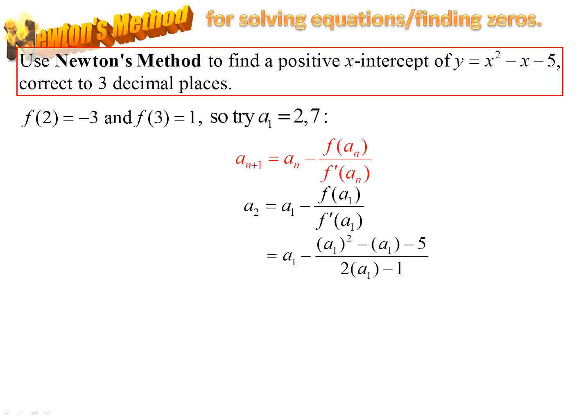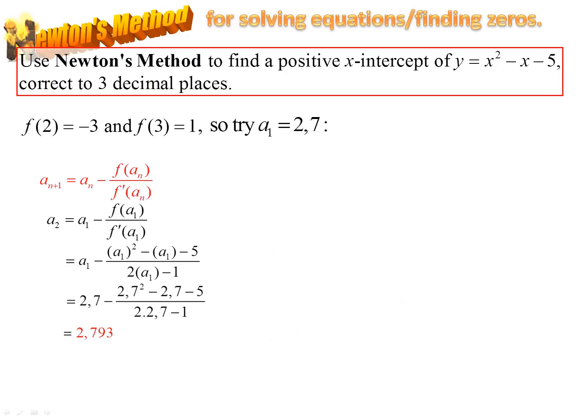So there's the derivative, 2x minus 1, of the original x squared minus x minus 5: a1 squared minus a1 minus 5 over twice a1 minus 1. Now, if we substitute that value of a1 into there, we end up with 2.793. So there's our value of a2. Let's store that on the side.